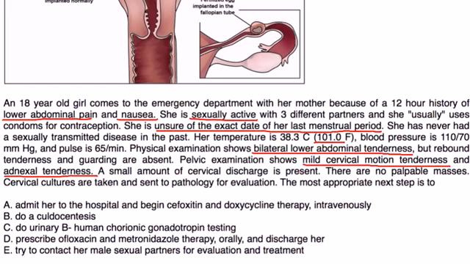Now, the symptoms are very similar or almost identical to pelvic inflammatory disease, PID. But there's one sentence in here that leads you to think of ectopic pregnancy, and that one sentence is right here. She is unsure of her last menstrual period.